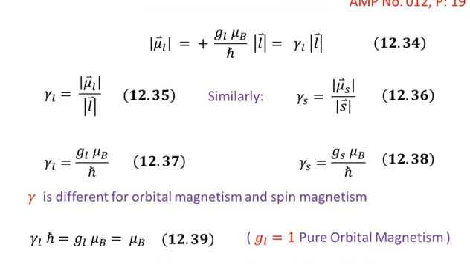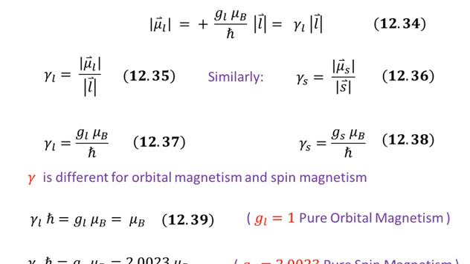So gamma is different for orbital magnetism and spin magnetism. You can notice these expressions given in equation number 37 for the orbital case, and in equation number 38 for the spin case. So these quantities differ only by the parameters GL and GS.